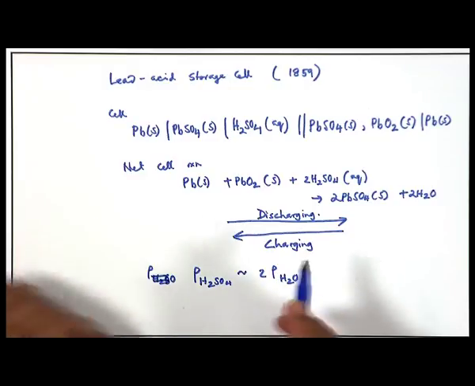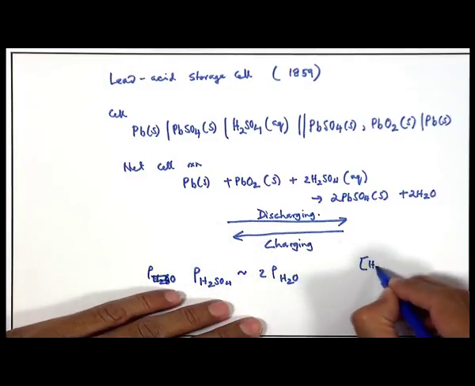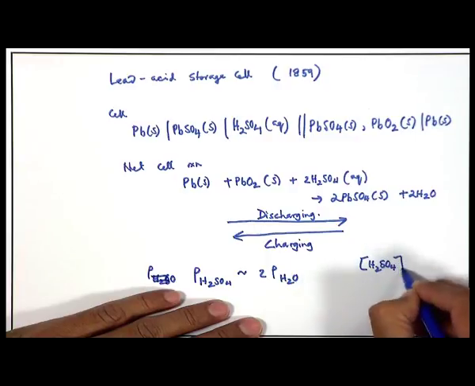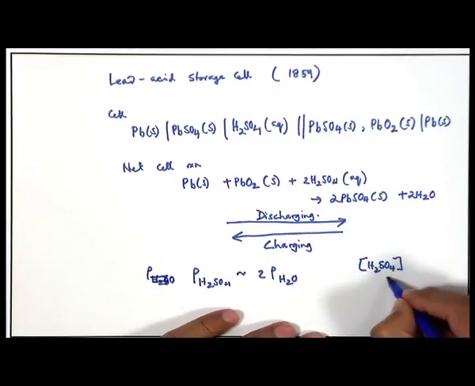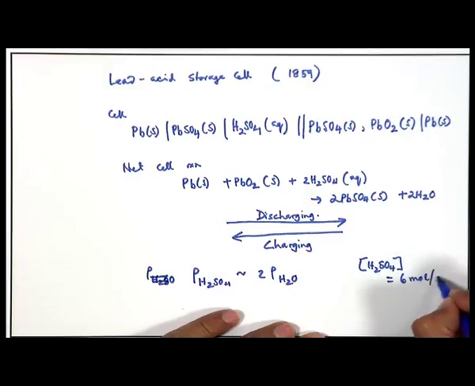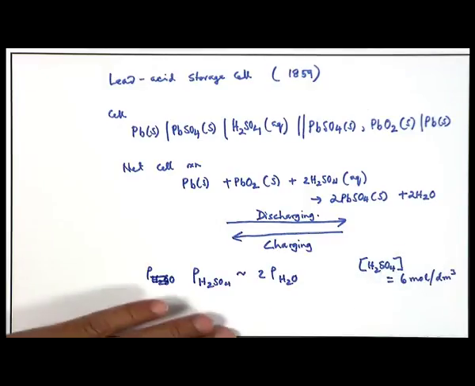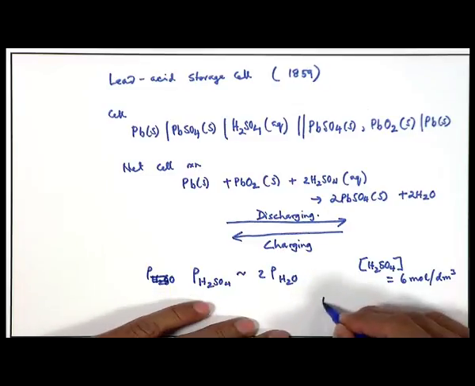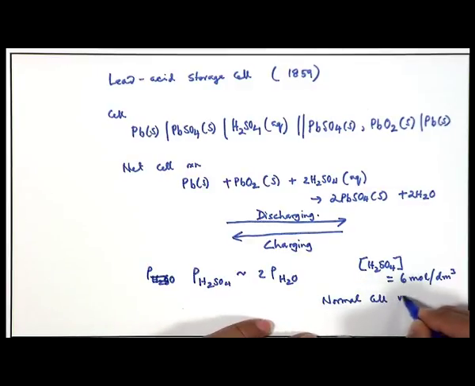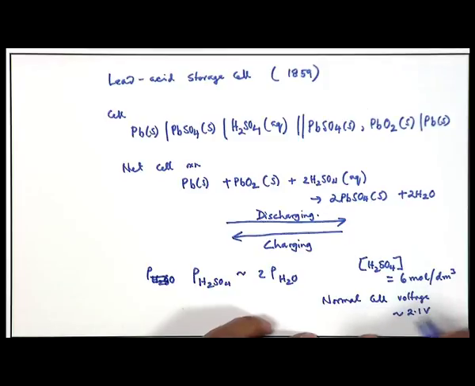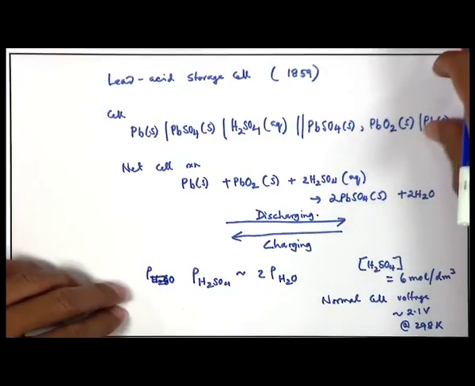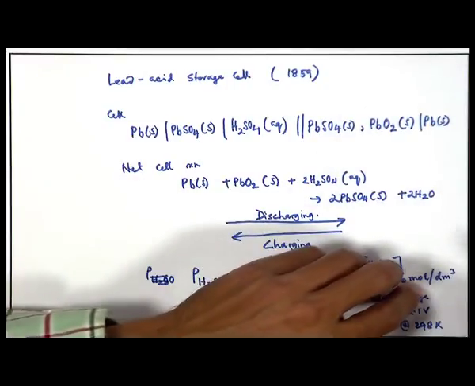Generally, the concentration of H2SO4 used in this secondary storage cell is about 6 mole per decimeter cube. Okay. And the normal cell voltage is about 2.1 volt at 298 Kelvin.